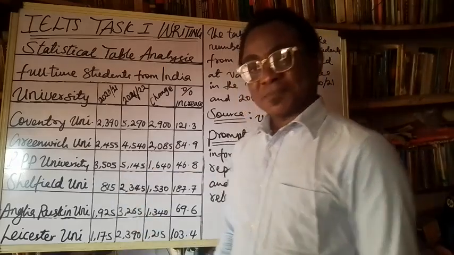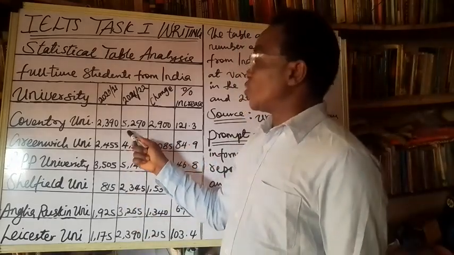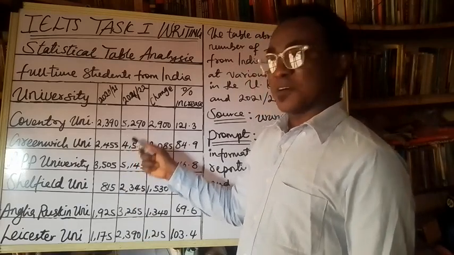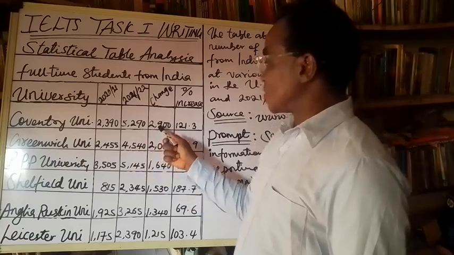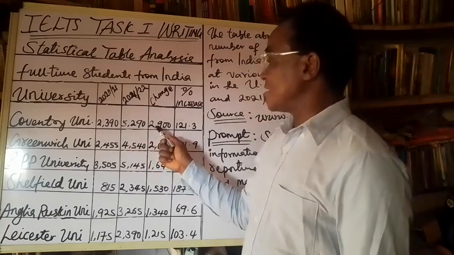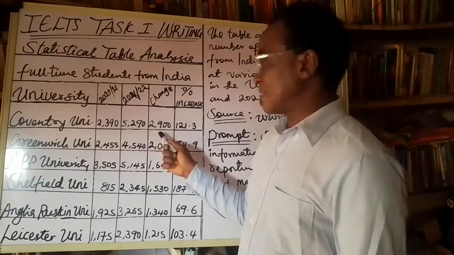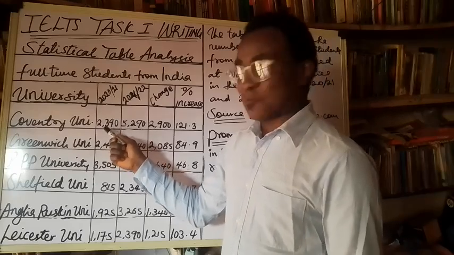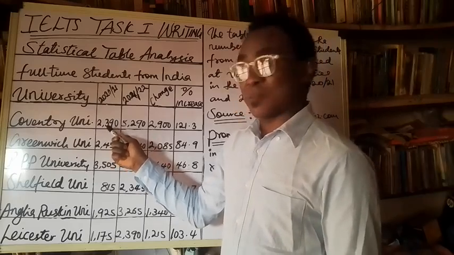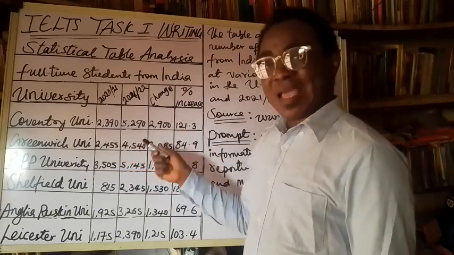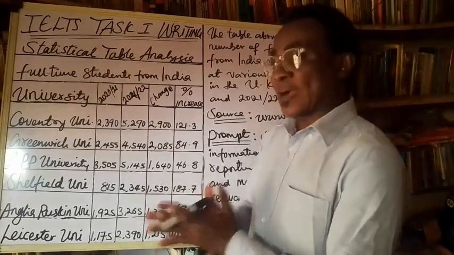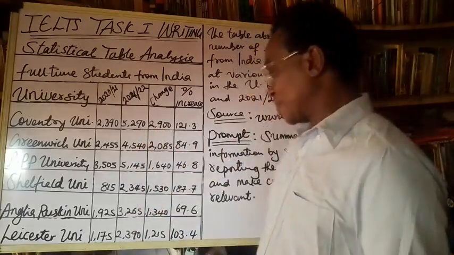Very simply, if you deduct the change that we have in a particular year from the number of enrollments in the first academic session, you will be able to get the number of students that were actually enrolled.